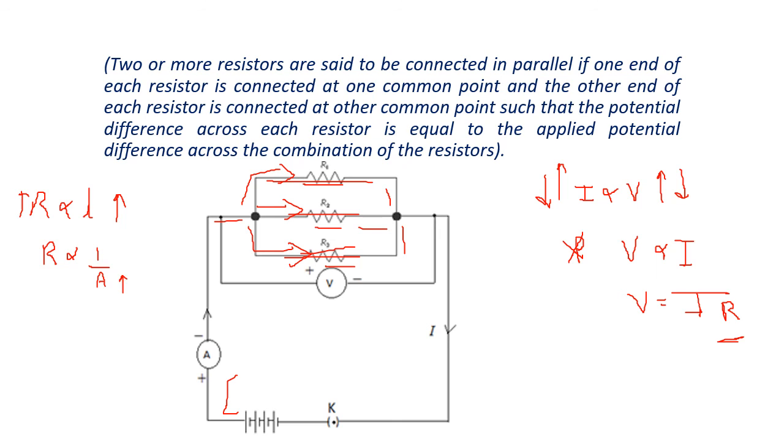When we increase the cross section area, the resistance decreases. So combining the two, we got R is proportional to L upon A. And then we wrote R is equal to rho L upon A. So the factors the resistance depends on are the length of the conductor, cross section area of the conductor, and the material of the conductor. It also depends on temperature, but in this formula we do not have temperature.